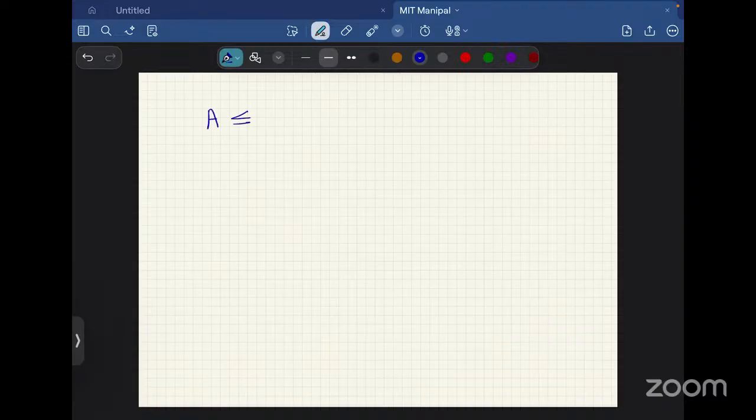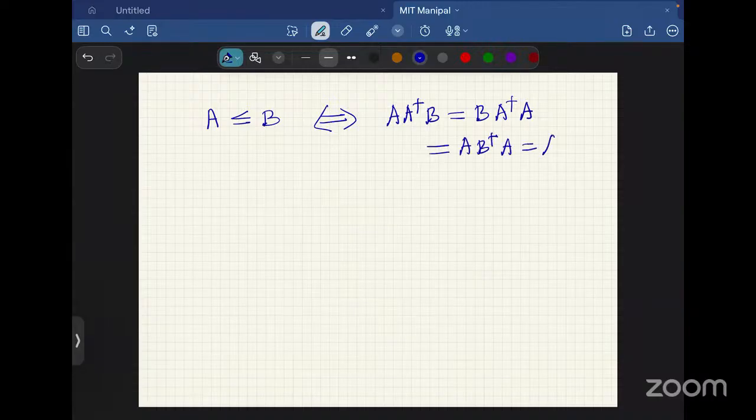If I say A is less than or equal to B, this is one set of order relations, and we have A dagger B is equal to A dagger A, which is equal to A B dagger A, which is equal to A.